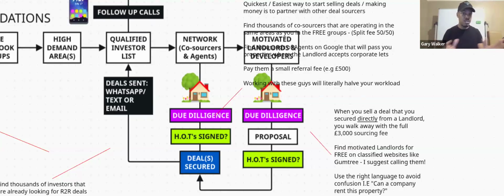So we're not changing filters and trying to find the specific properties that fit what the investor said at the start. This is something that's really important, guys, because that's another thing that I think people have taken out of context, and it may have slowed some people down. They're building their investor list, and then going based on the specific criteria the investor says. So they're looking for a rent-to-rent deal in Manchester, but they might have mentioned, ideally I want a 2-bed in this postcode and blah, blah, blah, like the finer details.